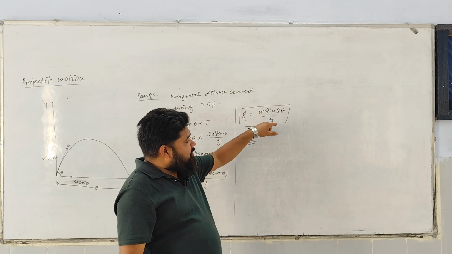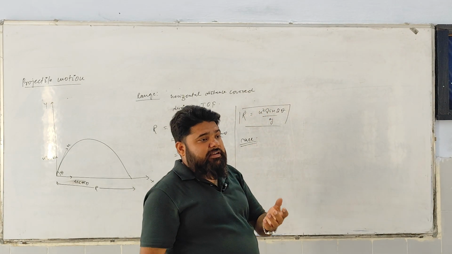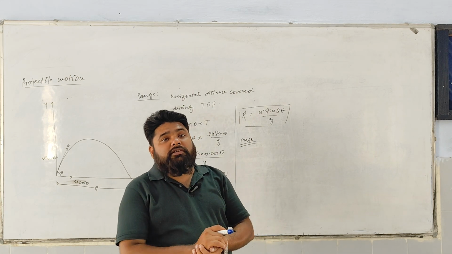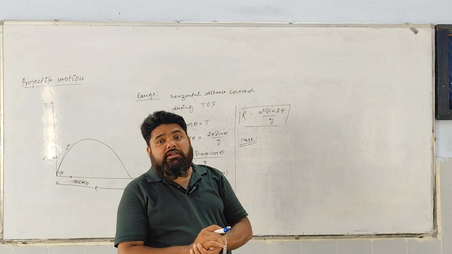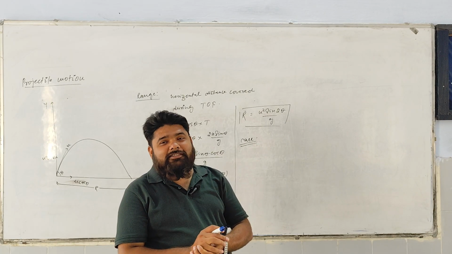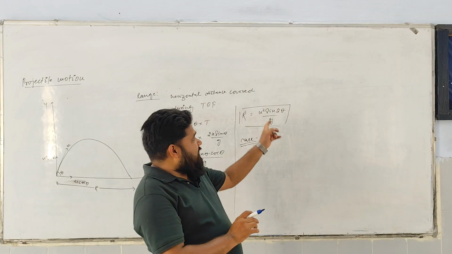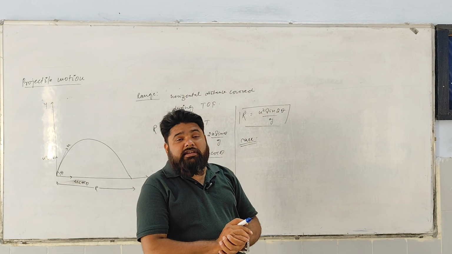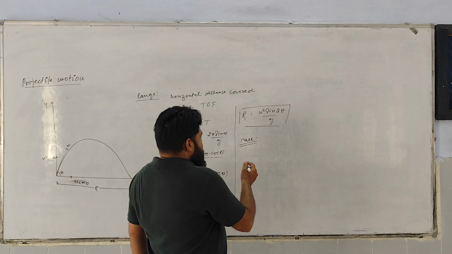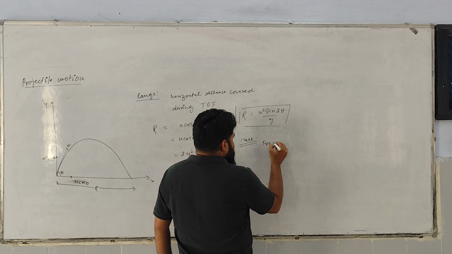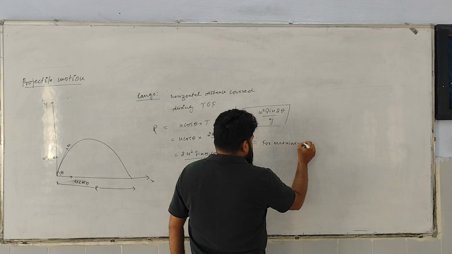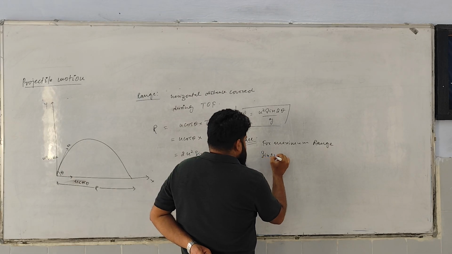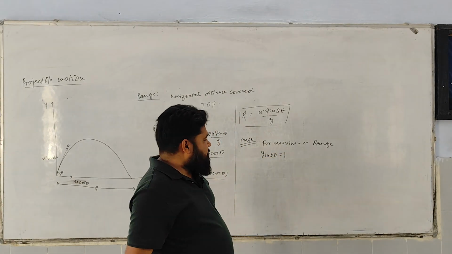So if we put sin 2 theta is equal to 1, भाई साइन की वैल्यू मैक्सिमम क्या होगी? ना तो 0 होगी ना -1 होगी, क्या होगी? +1. यानी कि अगर हम sin 2 theta को 1 के बराबर रखते हैं, in that case we get the maximum range. So for maximum range sin 2 theta is equal to 1, और 1 में साइन किसकी वैल्यू होती है?